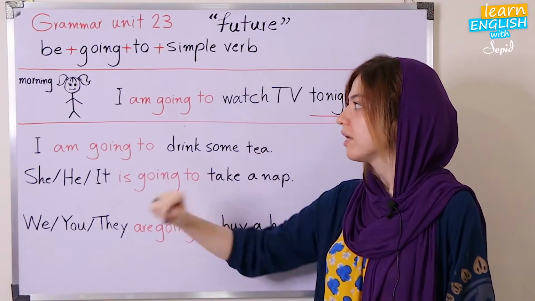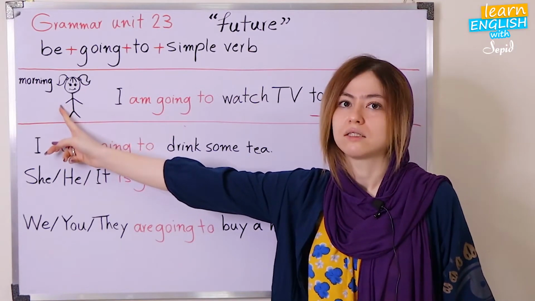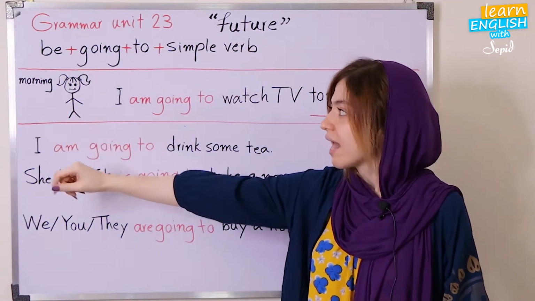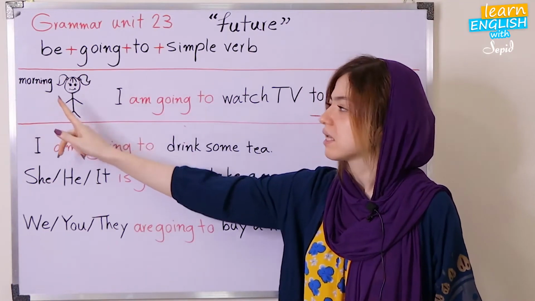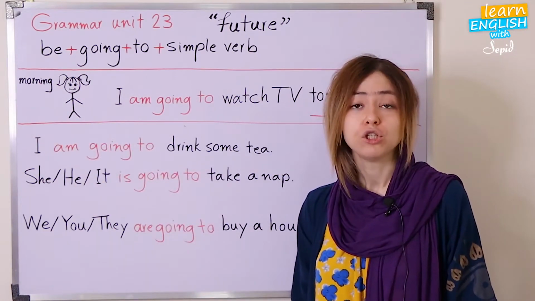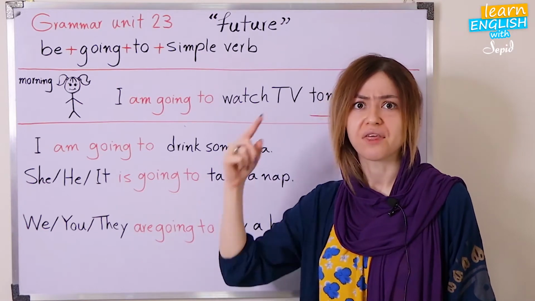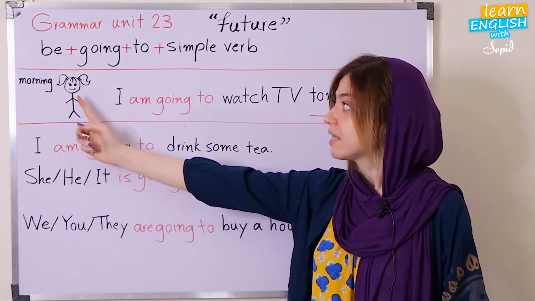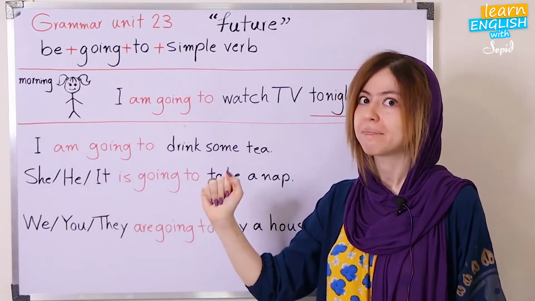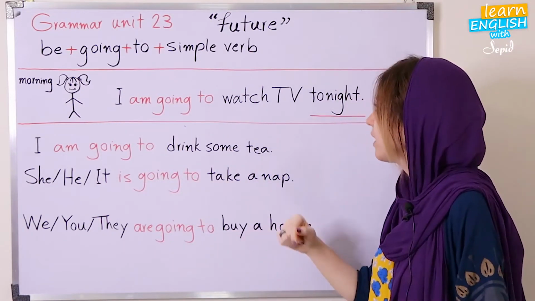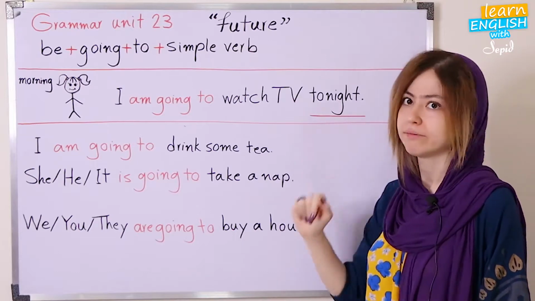this grammatical point. So she is Alice, and it's morning. Alice is walking. She's also thinking. She's making some plans for the night. So here, tonight.